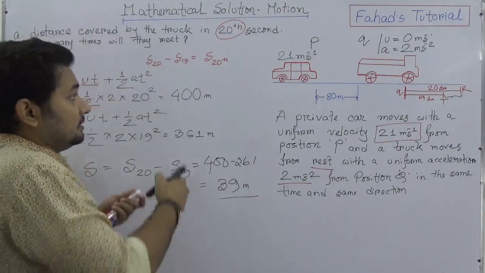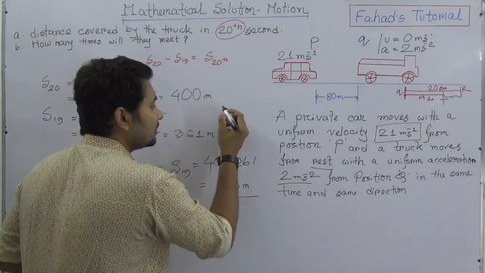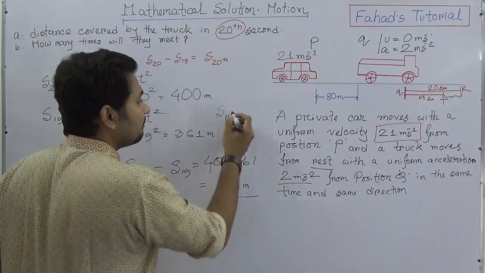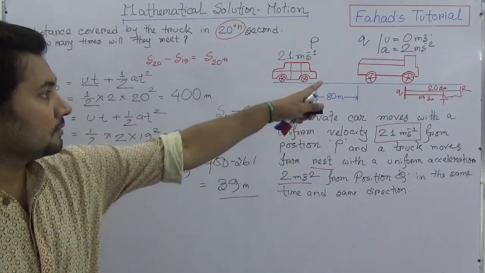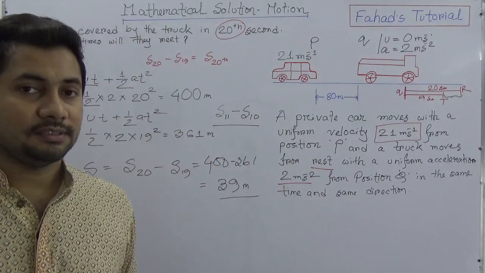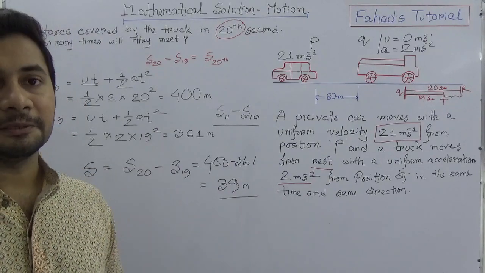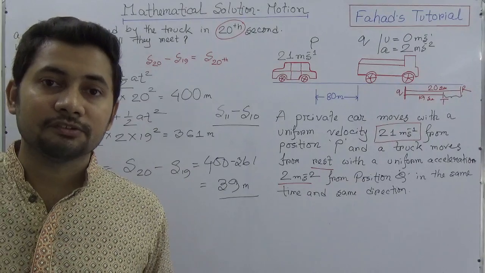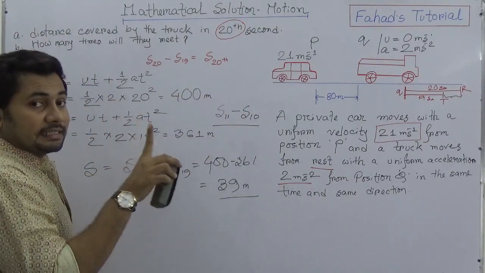For the 11th second, we need to find the distance covered by the truck in 11 seconds minus 10 seconds. Because acceleration and initial velocity are given in the stem, you can use the data simply. So this is a simple calculation for finding the distance covered by the truck in a single second.